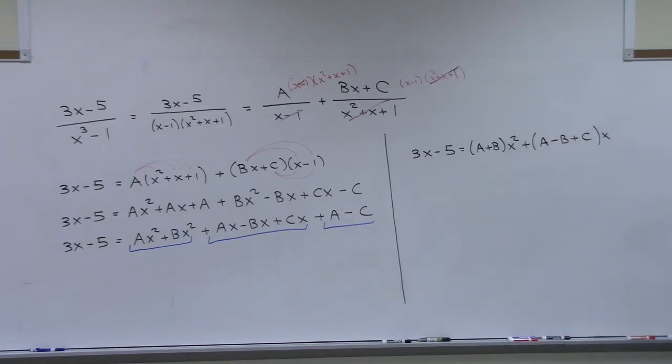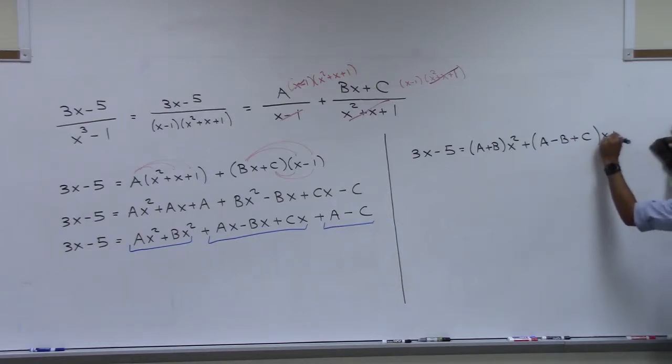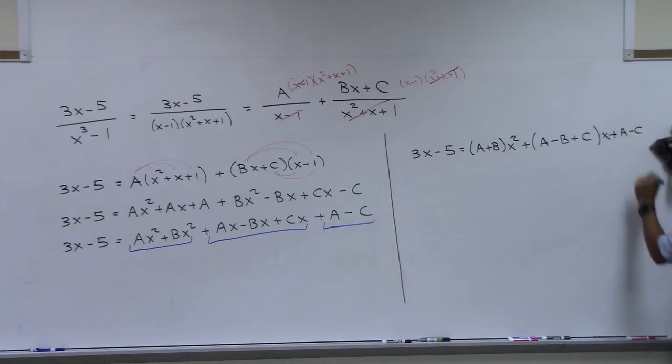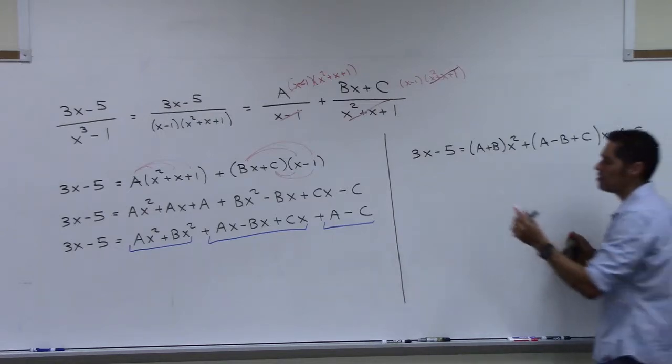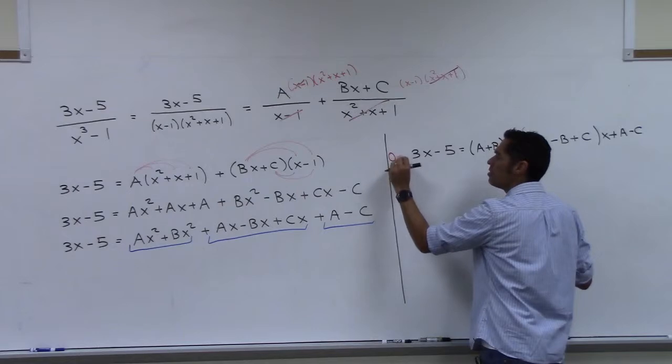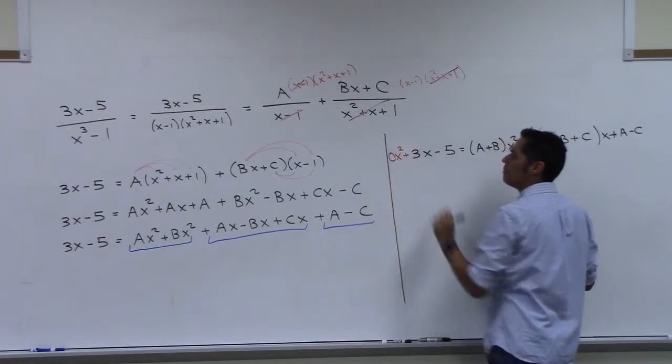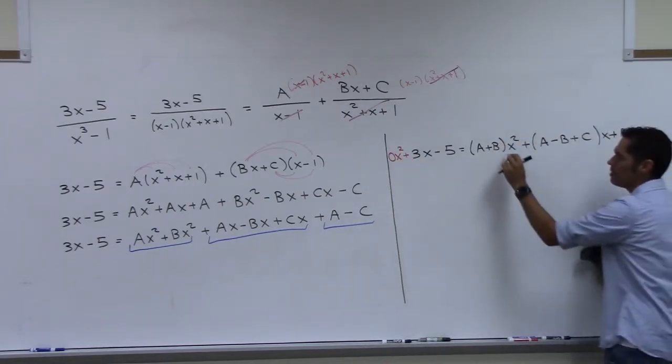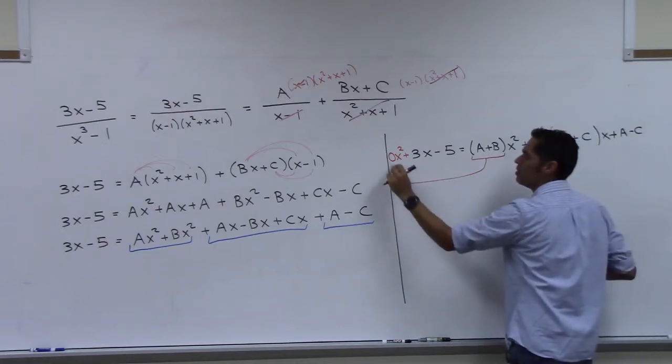And then finally, plus a minus c. And we have to match up with the left side now. So we're going to do exactly what we did before. It just turns out in this problem that there is a 0x squared here again. And then we get to match up the coefficients.